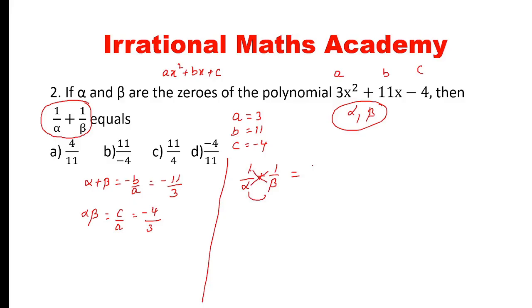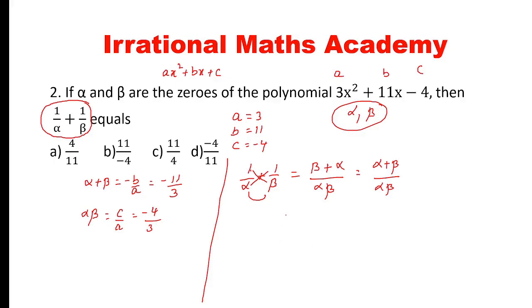So 1 into beta, you'll get beta plus 1 into alpha by alpha into beta. This one, if you want to rewrite it, you can write it as alpha plus beta by alpha into beta. Those who don't know how we got this one, comment in the comment section. I'll help you solve this one.